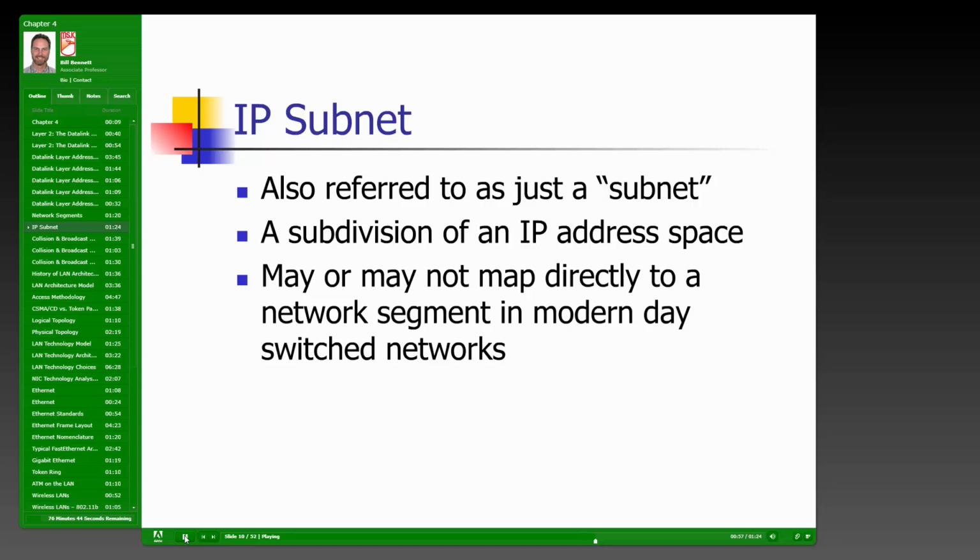Just think of a segment as referring to devices that are operating at the data link layer that are all part of the same collision domain, the same broadcast domain, and we're going to look at those two terms in just a little bit. Whereas an IP subnet is referring to a group of computers that have been divided based upon their layer 3 address, their network layer address.